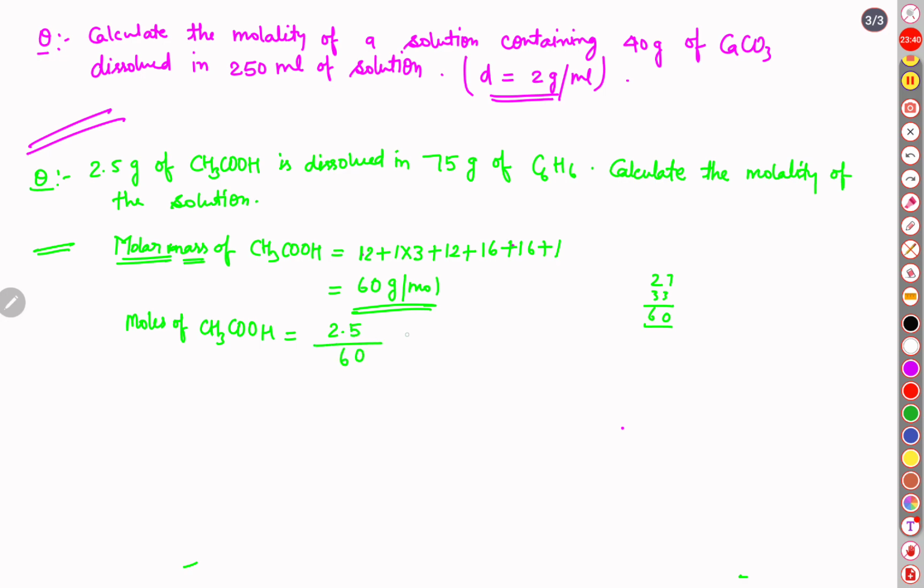And the answer will be 0.0417 mole. If you solve this one, then you will get the same answer. Now mass of benzene is given already. Mass of C6H6 is equal to 75 gram. You can see here 75 gram is given.